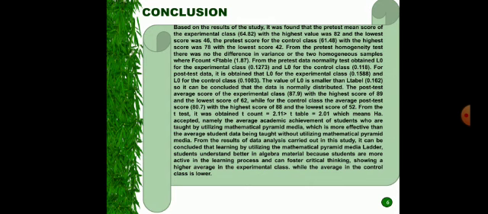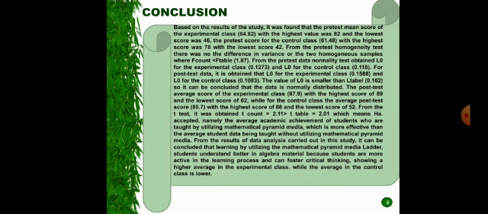For post-test data, it's obtained that LO for the experimental class is 0.1588 and LO for the control class is 0.1083. The value of LO is smaller than L table 0.162, so it can be concluded that the data is normally distributed.